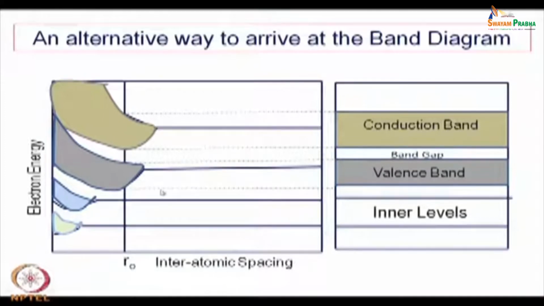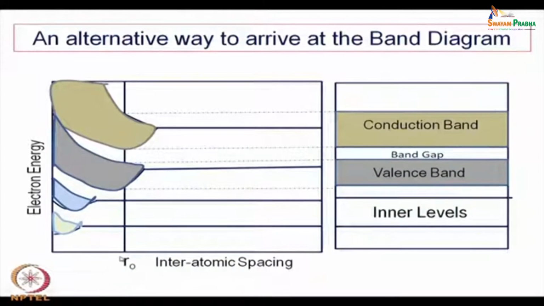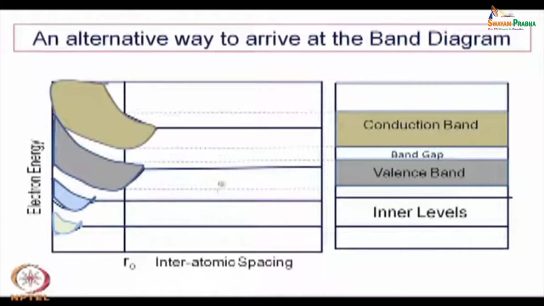Normally there will be an equilibrium distance of separation depending on the particular structure of the element and the crystal structure in which it crystallizes. So, there will always be an interatomic spacing, and that also determines the lattice parameter and so on.